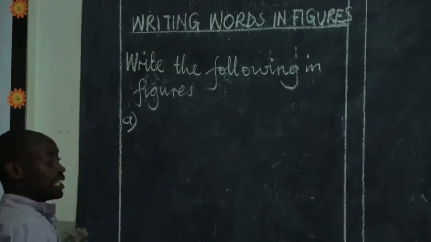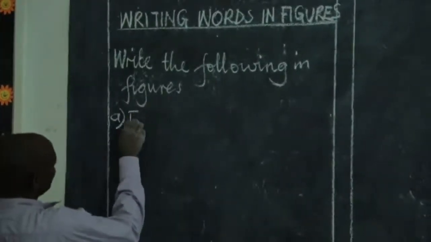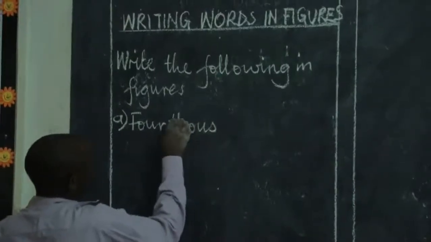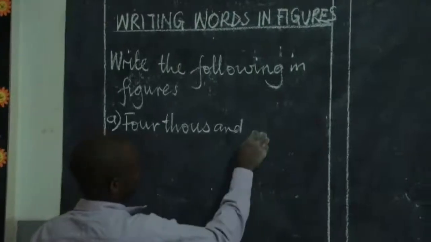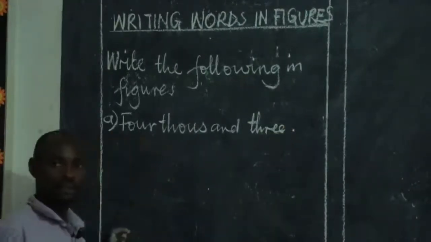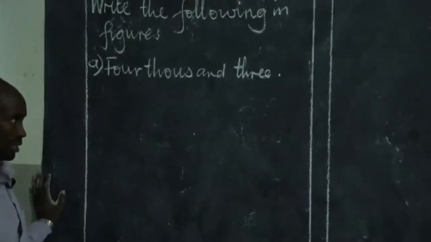We have this number which has been written in words, and that is 4,003. Okay? The number is 4,003.